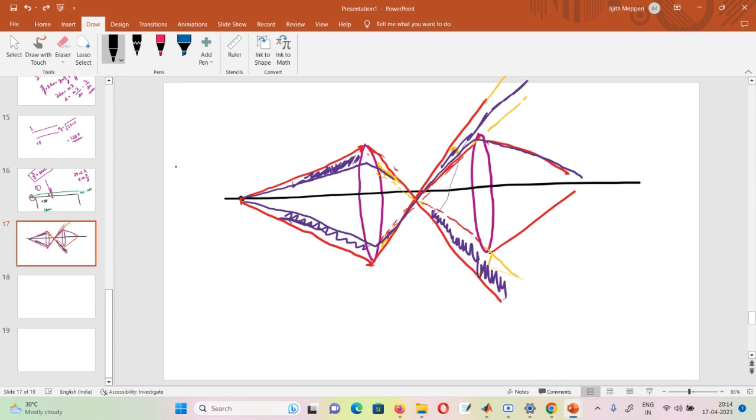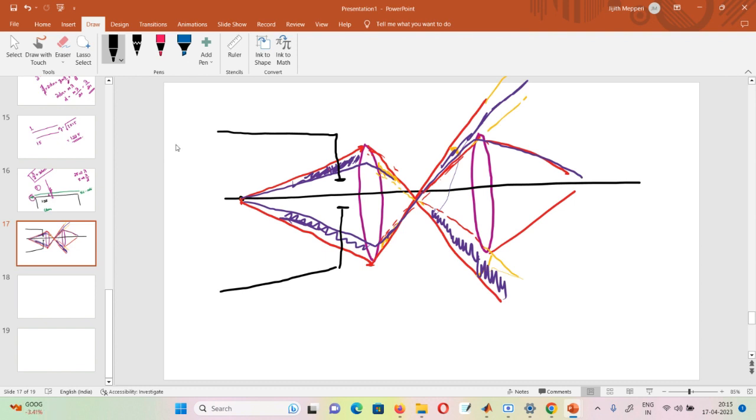Now I have another hood which has this much diameter, like a small hole hood. Now which will be the aperture stop? The physical aperture.